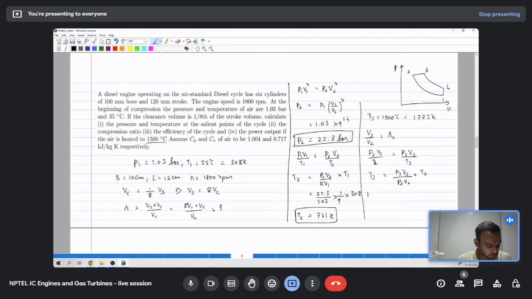So I know T3 is 1773, divided by T2 which is 741. P2 and P3 are the same, because it is a constant pressure heat addition. What I am left with is V3 by V2. So this is the cutoff ratio. This is 2.39.